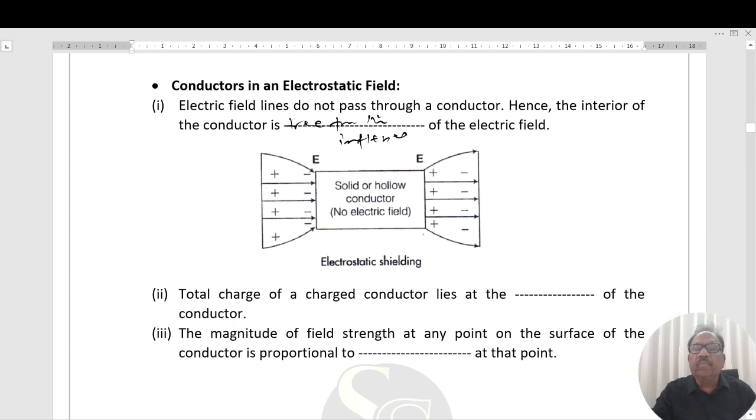Total charge of a charged conductor lies at the outer surface of the conductor. The magnitude of the field strength at any point on the surface of the conductor is proportional to the surface charge density at that point. This is all about this thing.